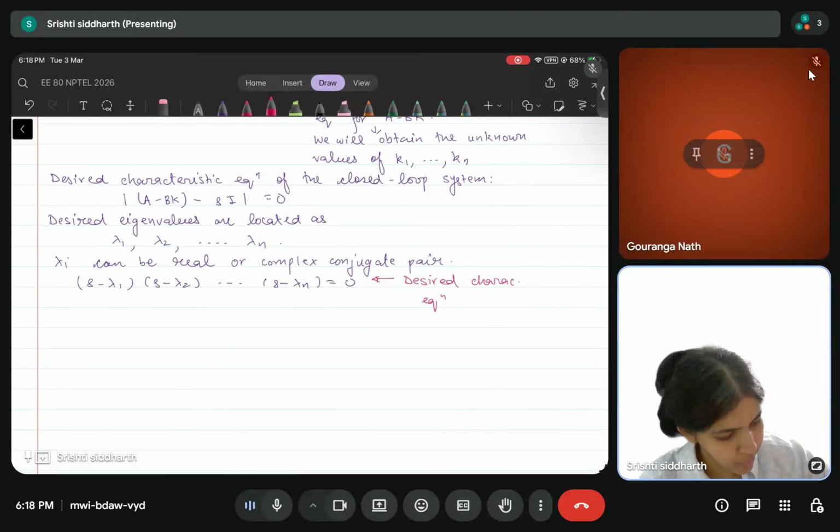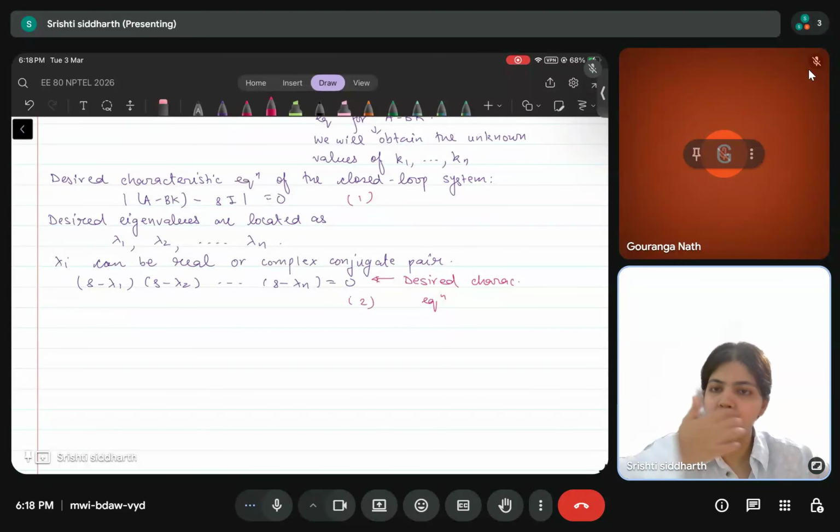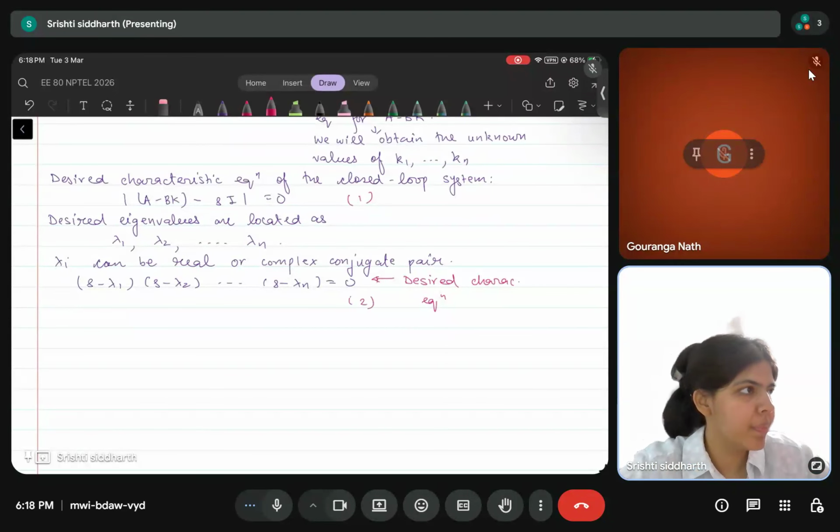And compare 1 and 2 to find out the value of K.